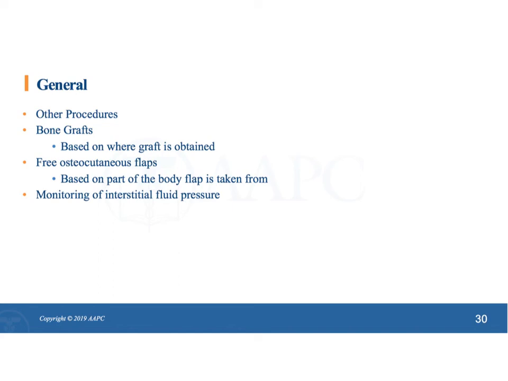Use of the operating microscope is reported separately. These types of flaps are used to treat high-energy extremity wounds from trauma with the loss of bone and soft tissue. An interstitial pressure monitoring device may be inserted into a muscle compartment to prevent muscle compartment syndrome from developing.